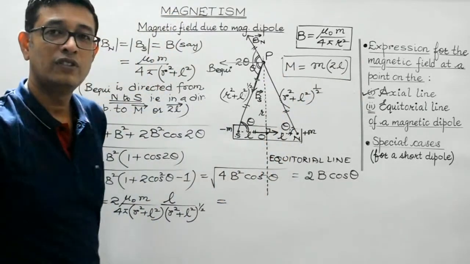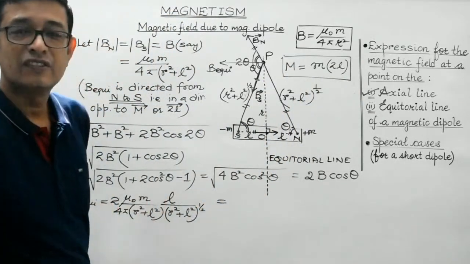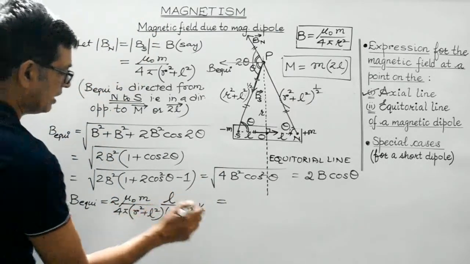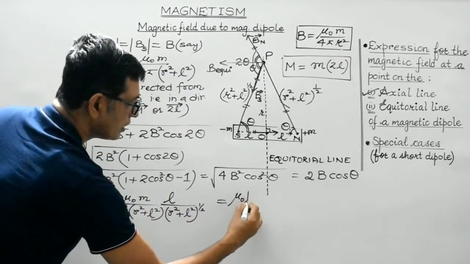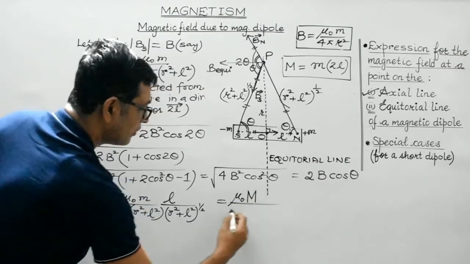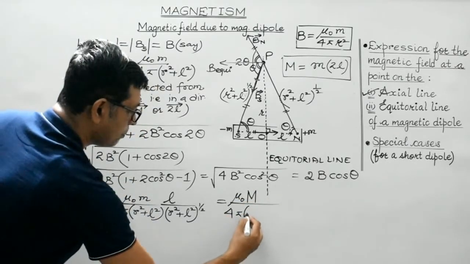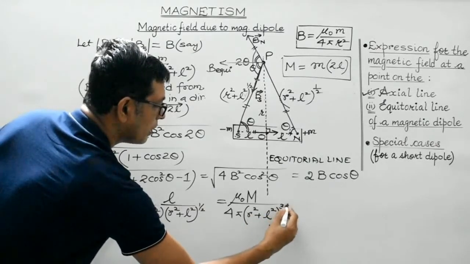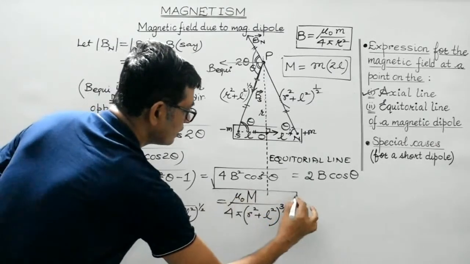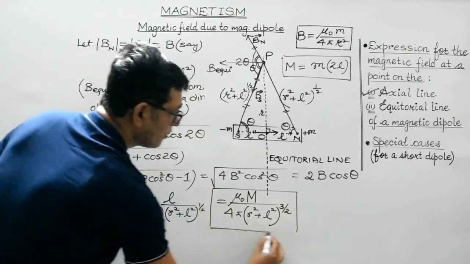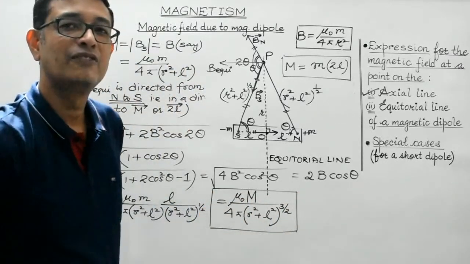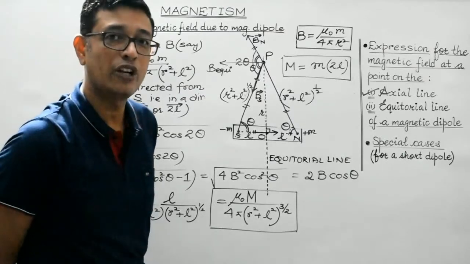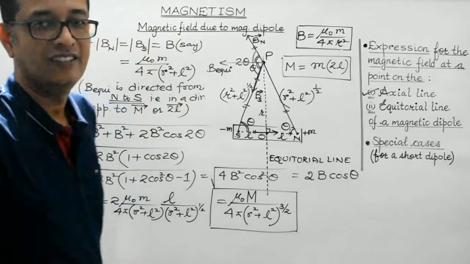So in order to express this expression in terms of magnetic moment, substitute 2mL with capital M. It is mu naught times the magnetic moment divided by 4 pi (r square plus L square) to the power 3 by 2. Students, this is the expression for the magnitude of the magnetic field at a point on the equatorial line. Clear students?